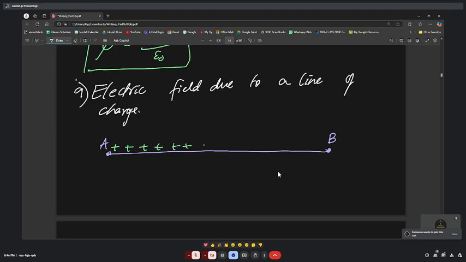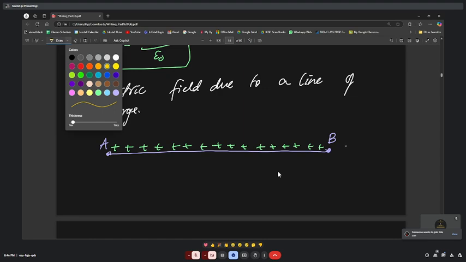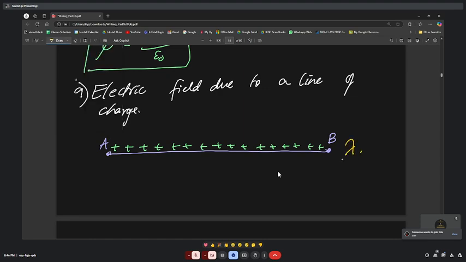So the charges are there like this, equal distribution, and this wire of charge has linear charge density lambda associated with it. So lambda is called the linear charge density of this wire.